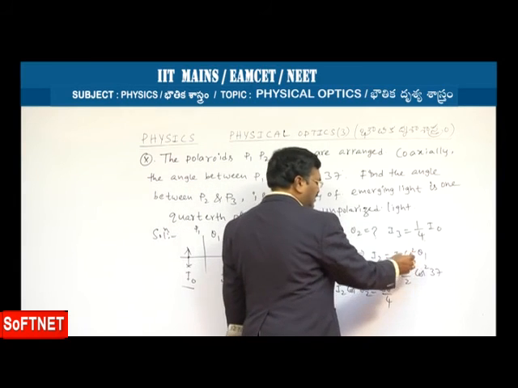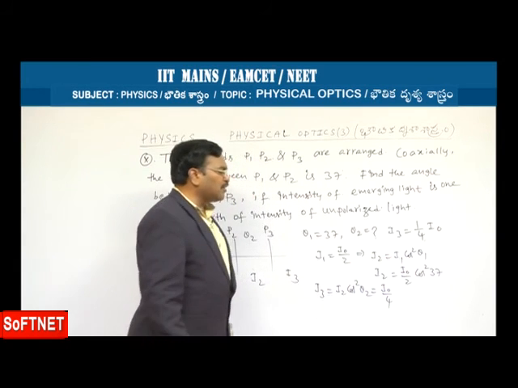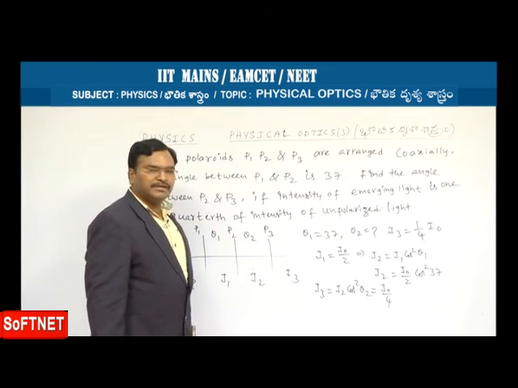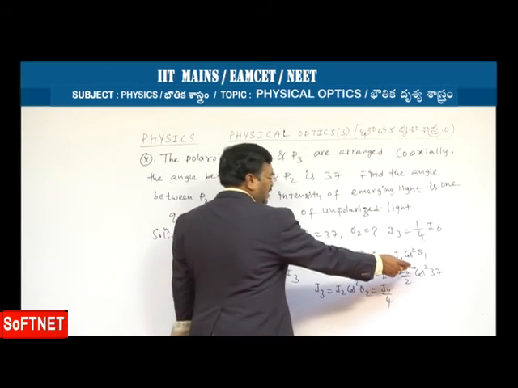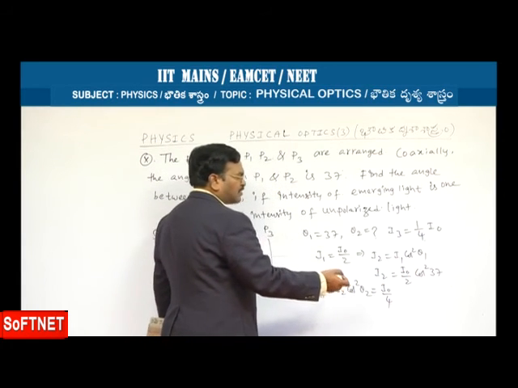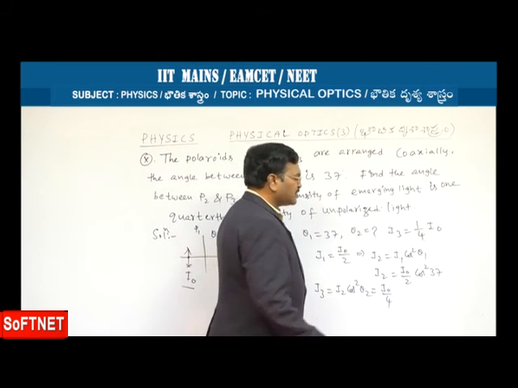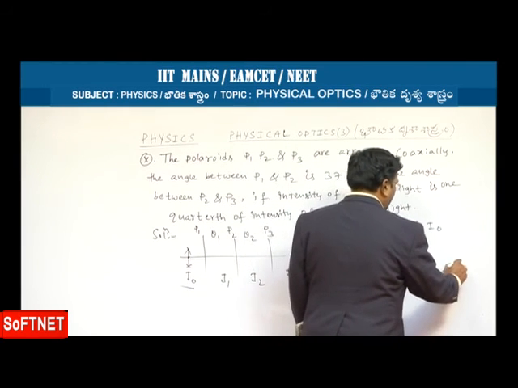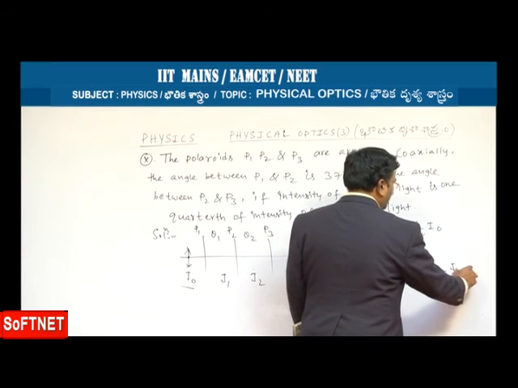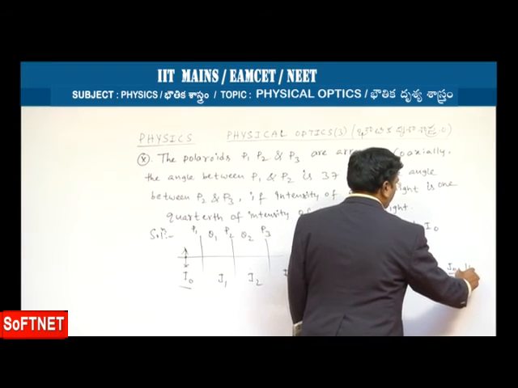I2 is equal to I1 cos square θ1, and I1 is I0 by 2. We substitute: I0 by 2 cos square 37. Cos 37 is 4 by 5, so we get I0 by 2 times 4 by 5 whole square, 16 by 25.